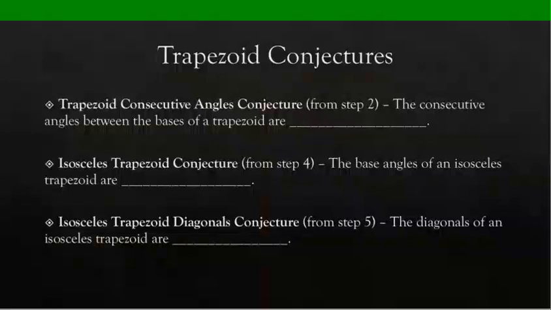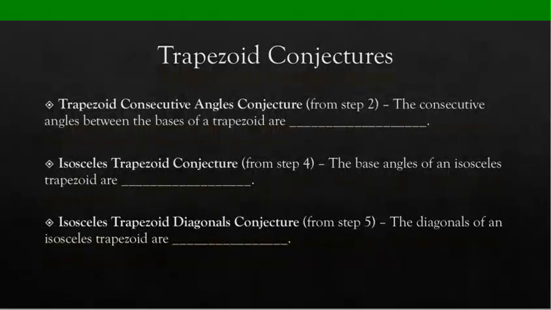So from the first half of any trapezoid, the consecutive angles between the bases have a sum of 180. That means they're supplementary. So the consecutive angles between the bases of a trapezoid are supplementary. When we drew our isosceles trapezoid, we saw that the base angles of the isosceles trapezoid are congruent.